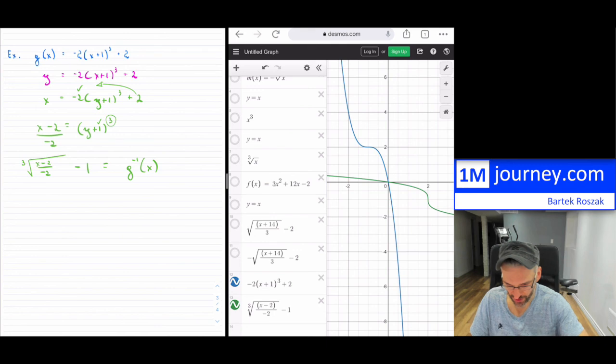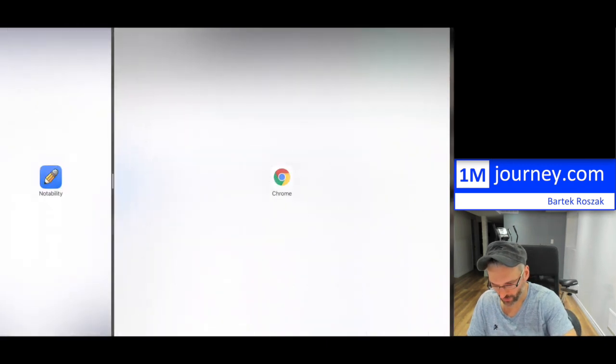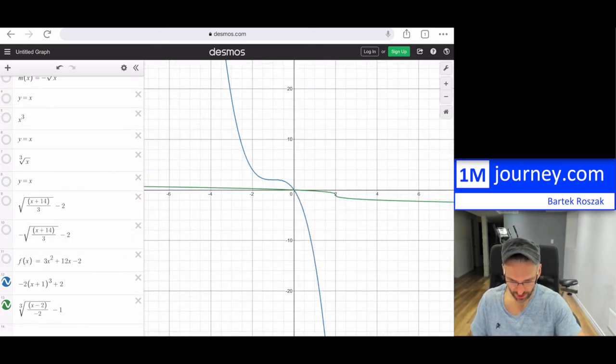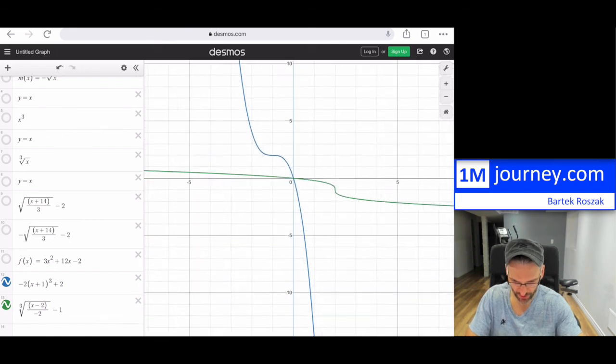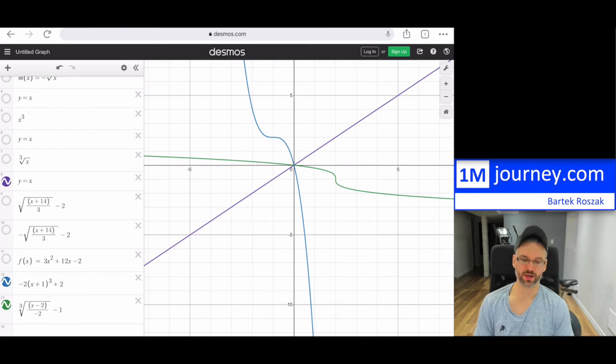All right, so here it is. Let me shift this over, and then you can pick off the domains as needed. So this is what we have. And if you want, here's your symmetry line. Once you draw the symmetry line, you can see the blue one is the original and the green one is the inverse.